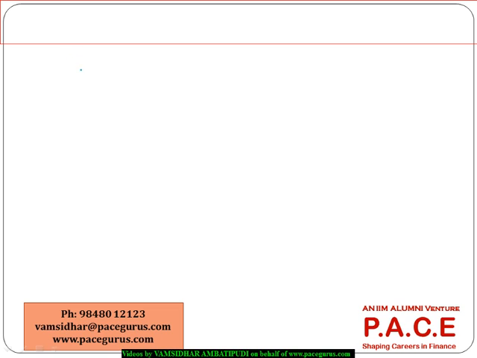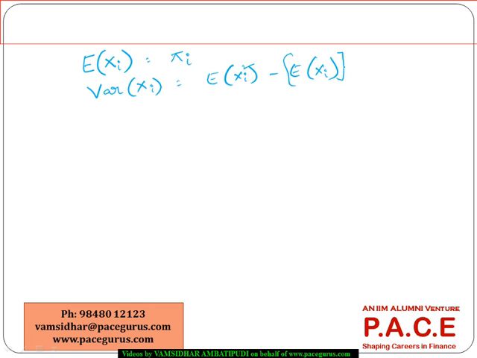Now looking at a few more calculations, what is the expected value of the default of each firm? Expected value of default of each firm is nothing but pi i, and the variance of default for each firm comes out as expected value of xi squared minus expected value of xi whole squared.